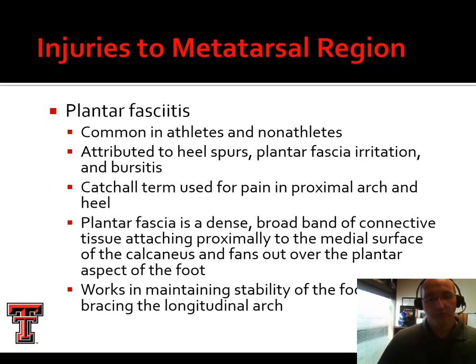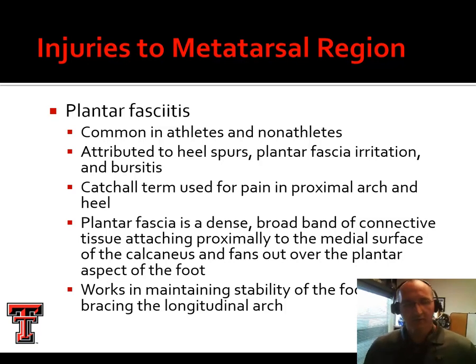Plantar fasciitis is another one, pretty common in athletes and non-athletes alike. This could be worsened by a sudden increase in activity, so somebody hasn't exercised much. Their foot can be relatively rigid, and now suddenly it's being moved through a lot of motion and a lot of loading, and it can irritate the tissue on the sole of the foot.